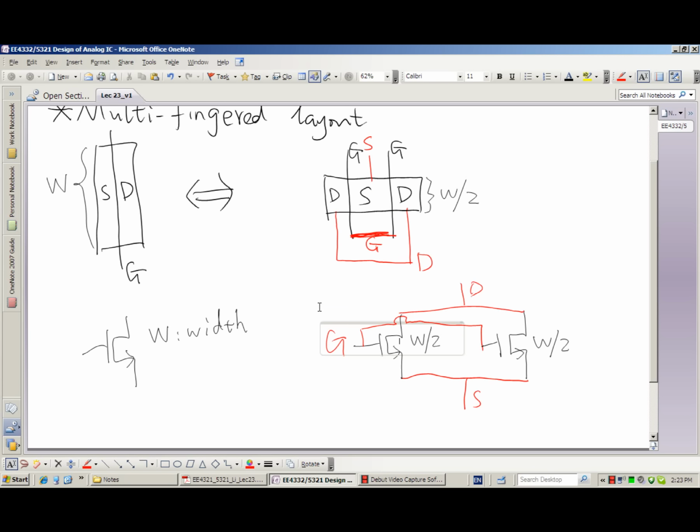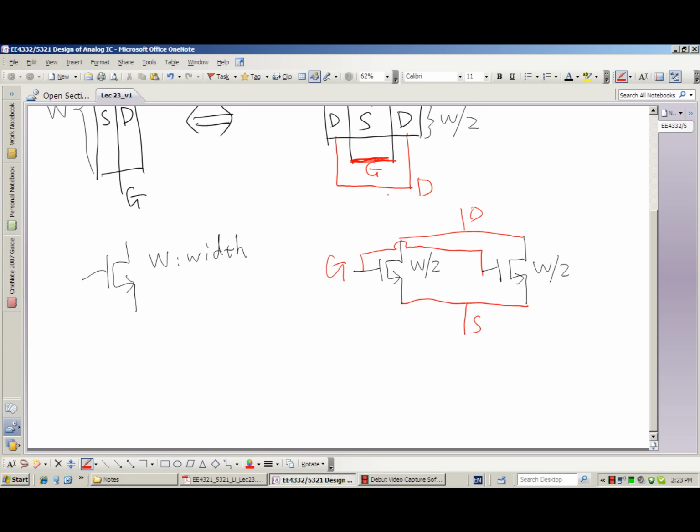Okay, the advantage is we make the layout look better and we reduce the gate resistance. So the advantage is a compact layout.